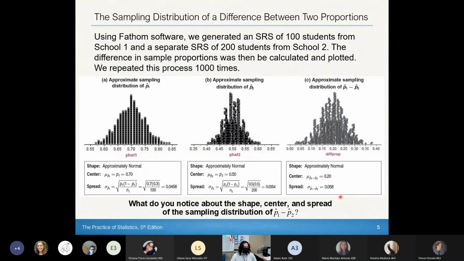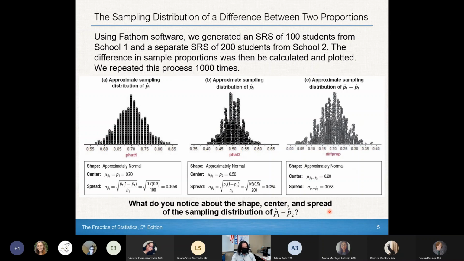That makes sense. The spread, we'll get into how to calculate this shortly. I don't know if you can necessarily see the connection between the three numbers here quite yet. It has to do with the variance, so we'll get there shortly.